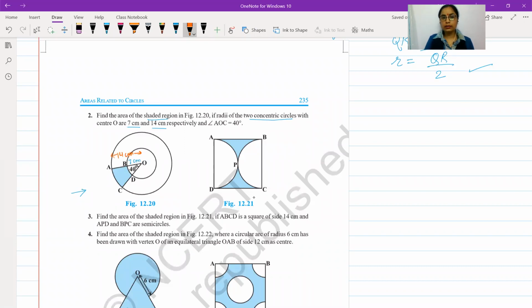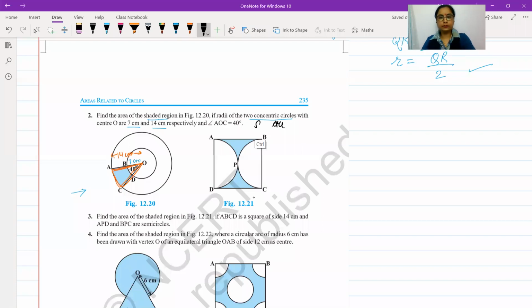This can be calculated by the area of the sector of the larger circle minus the area of the smaller circle's sector. Larger sector minus the smaller sector will give you the area of the shaded region. This is the formula that you will be using here.